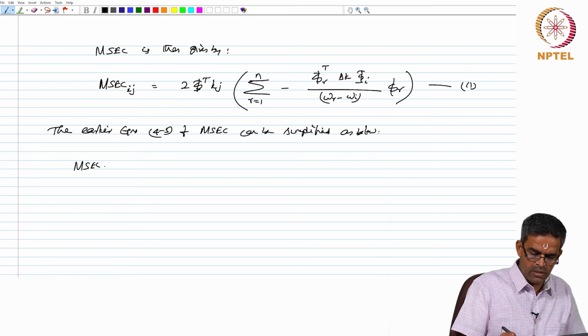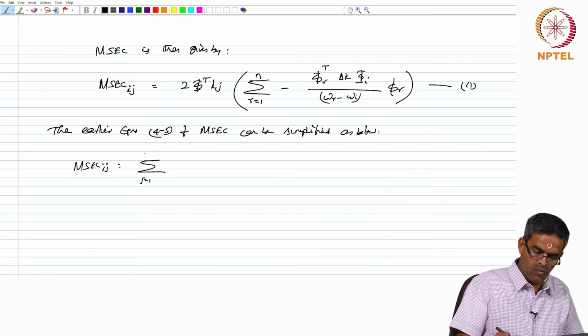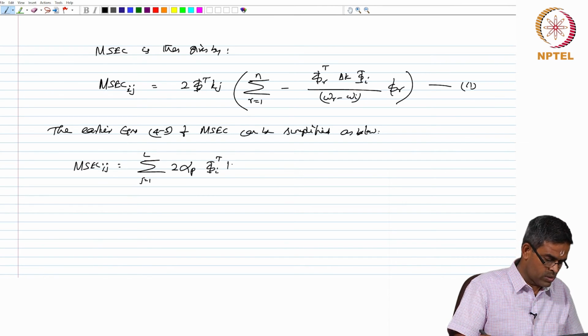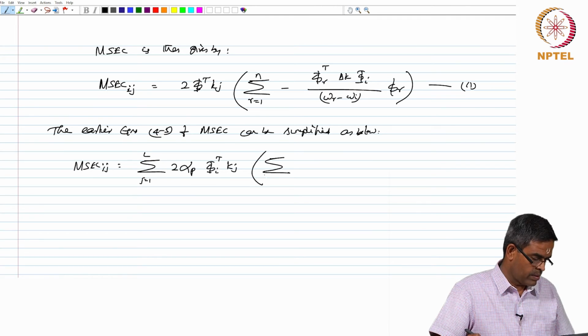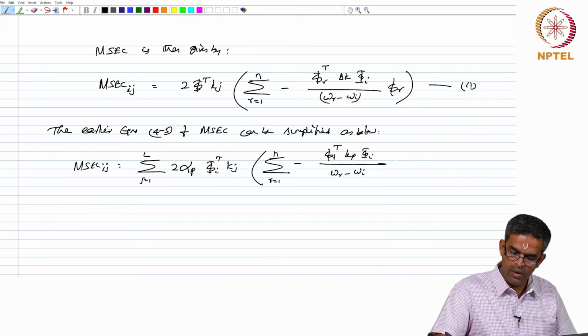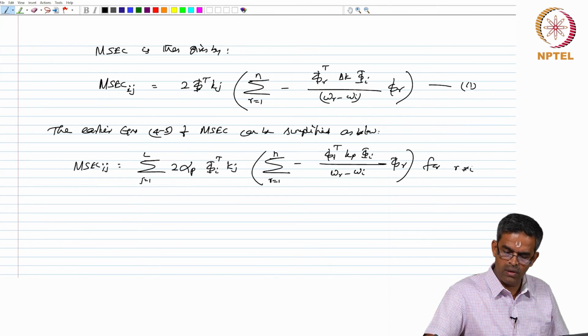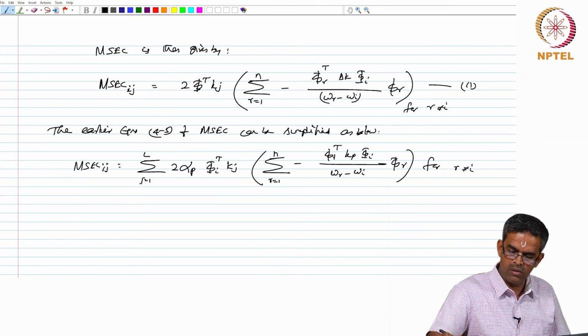Modal strain energy correction Ij, summation of p equals 1 to L, 2 alpha p phi transpose Kj, summation r equals 1 to n, phi r transpose Kp phi I by omega r minus omega I of phi r. For r not equals I, equation 12.